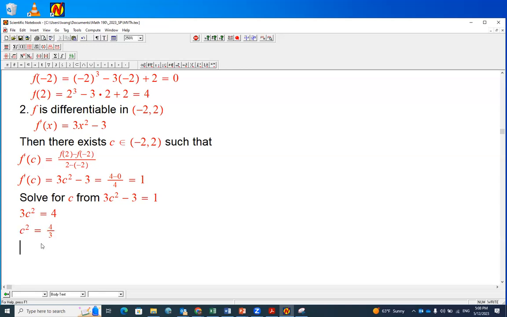We take square root on both sides. And what do we get on the right-hand side? Well, the square root of 4 is 2, divided by square root of 3. If we rationalize it, by multiplying root 3 over root 3, we are getting 2 times root 3 divided by 3.